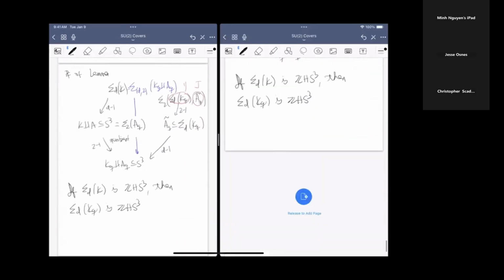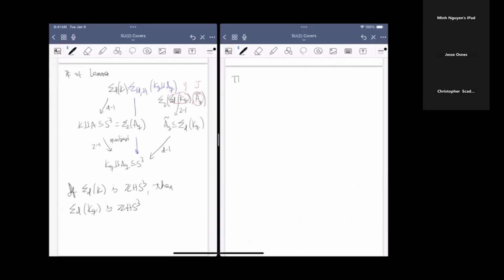Again, in terms of representations, we have this theorem, which is that if I have, again, an integer homology three sphere, and I have a non-trivial knot, then the two-fold cover admits an irreducible SU2 representation.